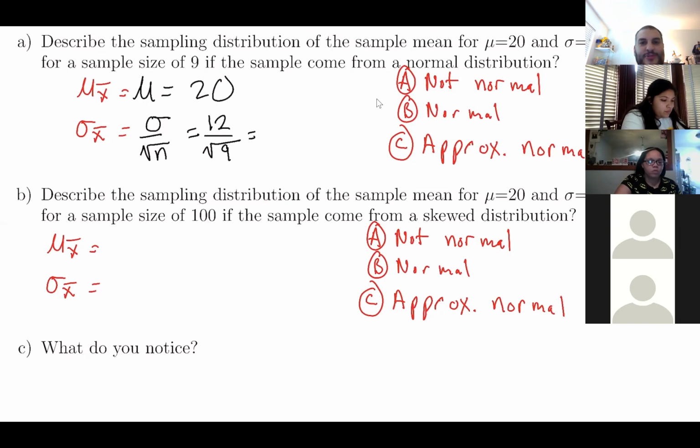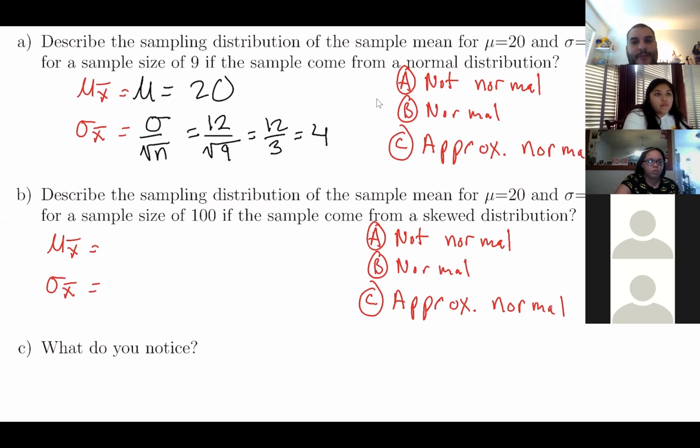Any questions so far? I got 12 divided by square root of 9. So if you do square root of 9, you actually get 3. So if you do 12 divided by 3, you get 4. Perfect. Thank you, Brianna. So that's standard error, or the standard deviation of the sampling distribution.